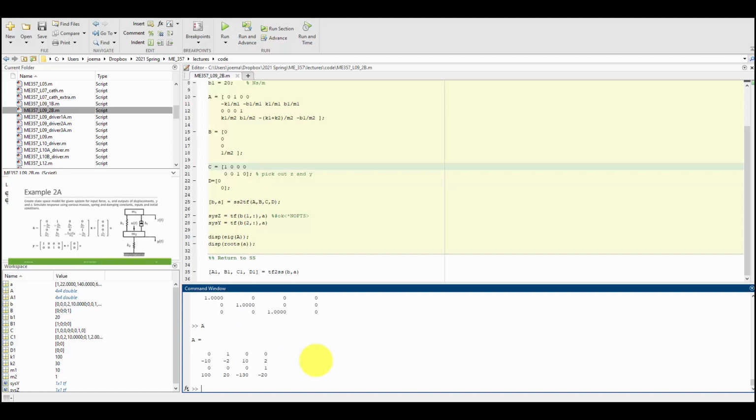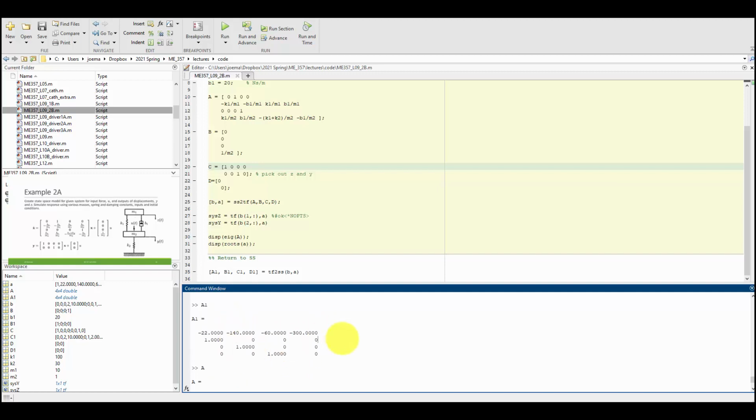The state space model it came up with is a correct state space model, but just keep in mind it's going to be represented a little bit differently than how we derived it initially. It swapped the order of our state variables, and we just have to make sure that we can interpret this correctly. So again, our C matrix looks very different, but should be giving us the same results.